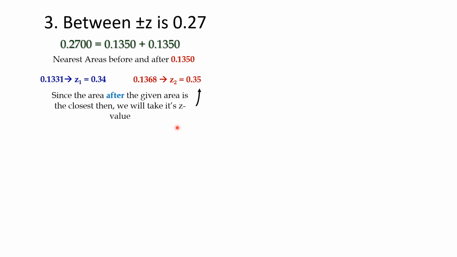Now, since the area after the given area is the closest, we will take its z value. Why? Because the nearest area before is 0.0019 before the given area, and this area after is only 0.0018 after the given area. So you must take the z value, which is 0.35.